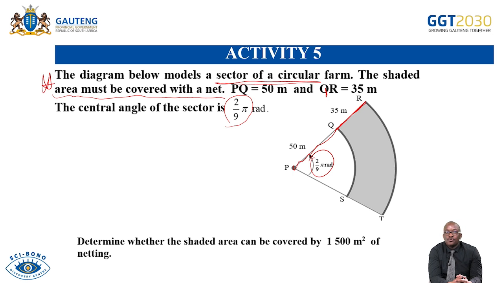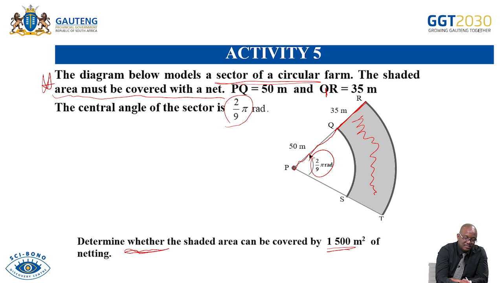So we need to calculate the area of this shaded part and see if it can be covered by 1,500 square meter of netting. You see the word whether, determine whether. It means your answer must have a conclusion. Remember, when we're saying whether, it can be yes or no.